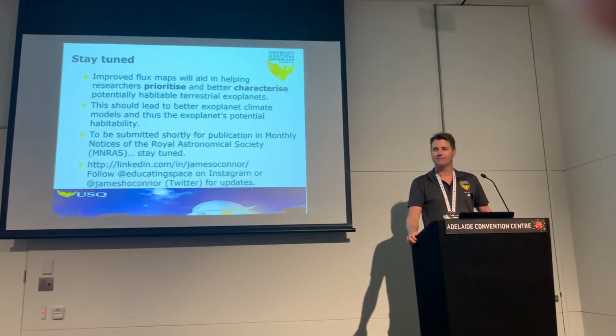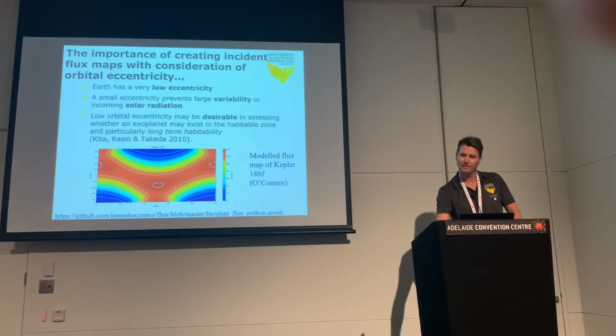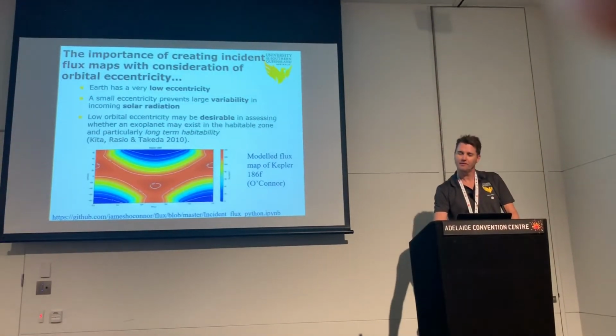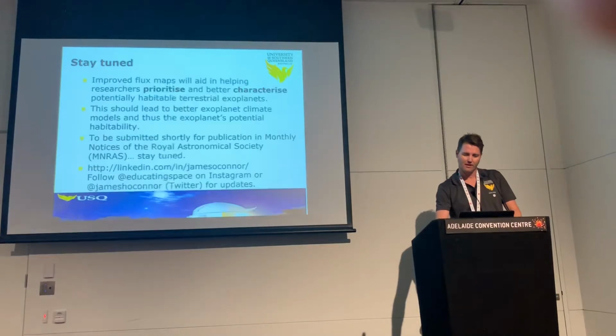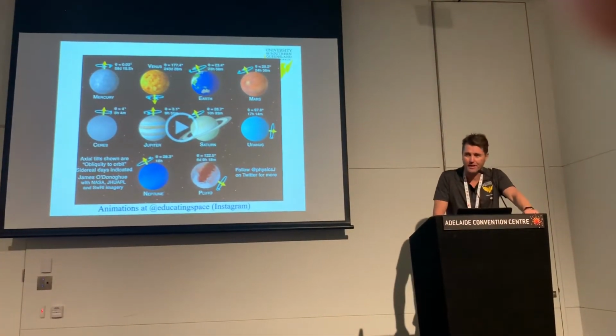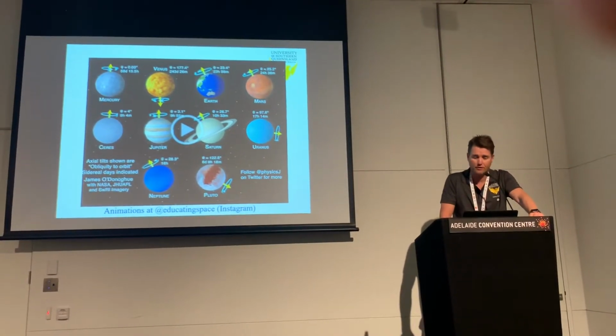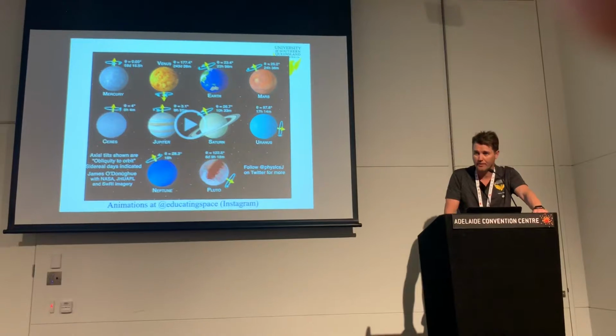Can you put it back on the last slide? The animation. Yeah, so this is an animation from Educating Space. I've had permission from James O'Donoghue from NASA to use the animations.